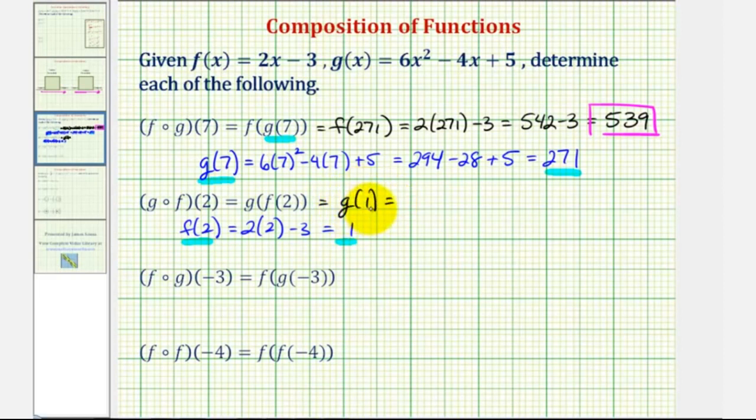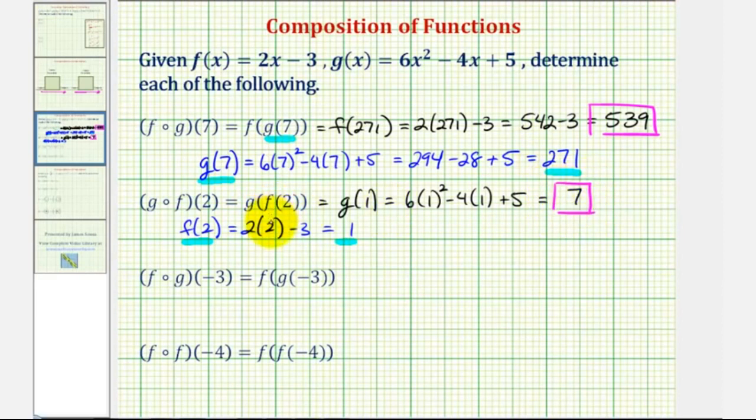So now we'll substitute 1 into function g to find the final output of this composition of functions. We'd have 6 times 1 squared minus 4 times 1 plus 5. Well, that would be 6 minus 4, that's 2. 2 plus 5 is 7. So g of f of 2 equals 7.